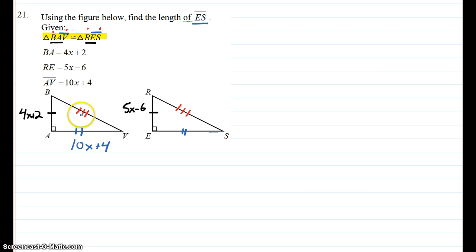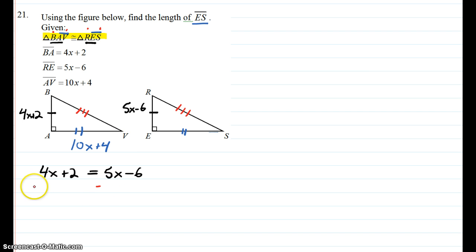Since these two sides of the triangle are going to be the same, we're going to want to write 4x plus 2 is equal to 5x minus 6. We only want to work with these two because we know that this side is congruent to this side. I don't need the 10x plus 4 right now. So now we can go ahead and solve that.